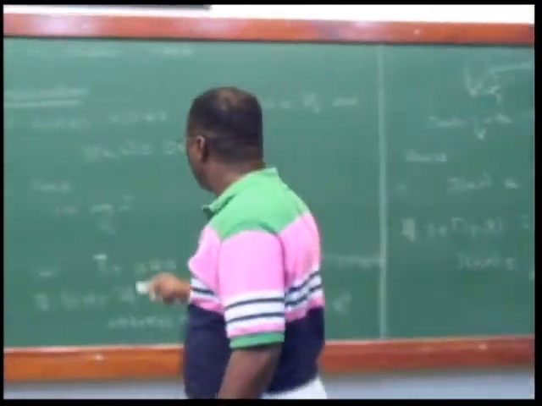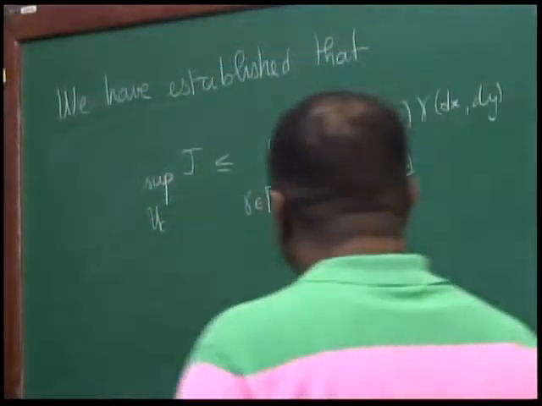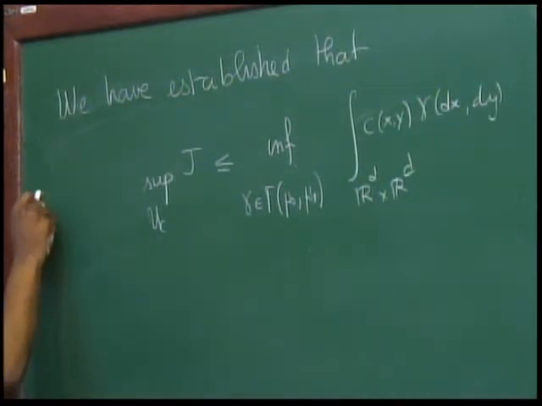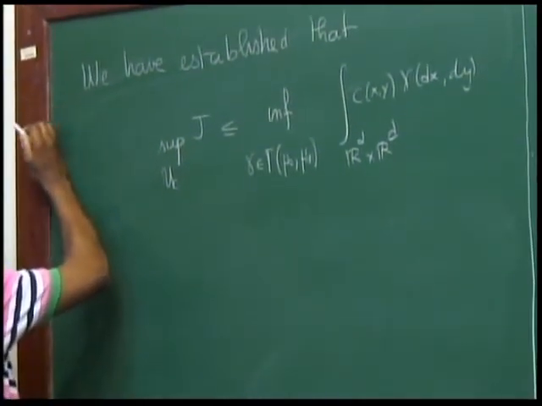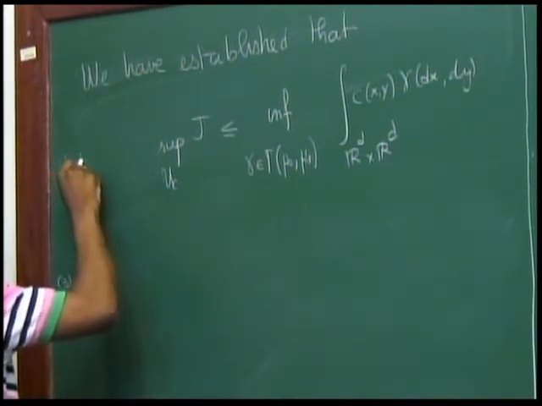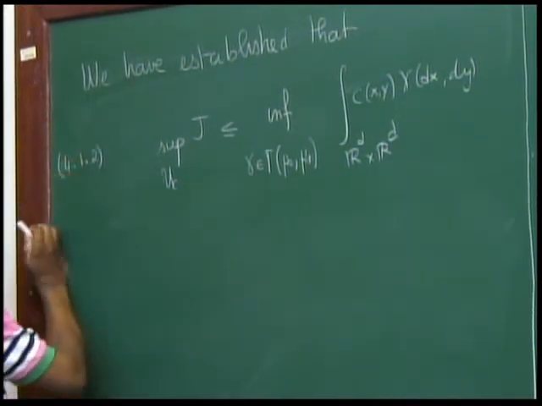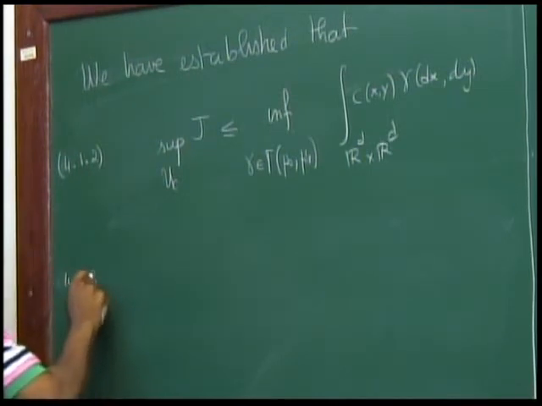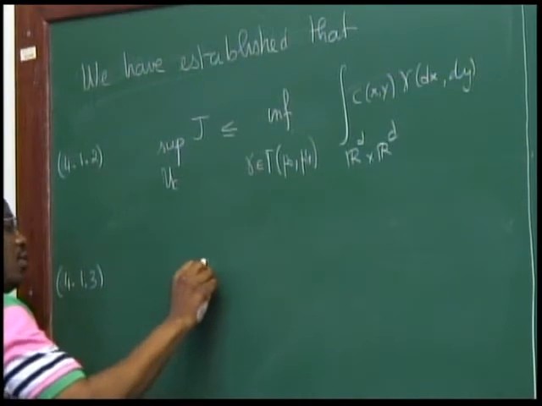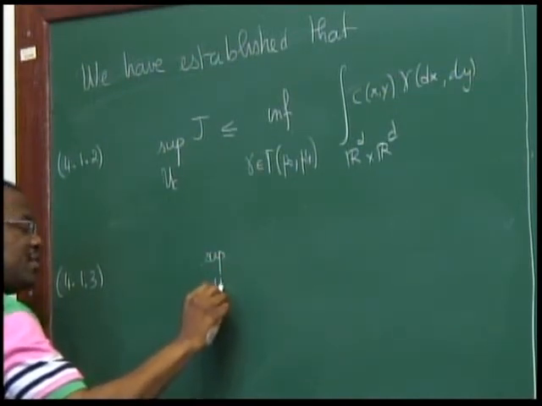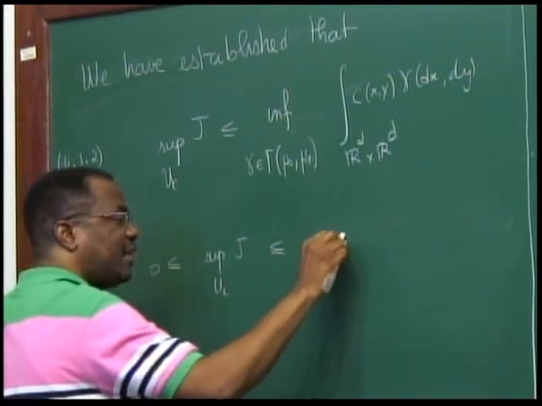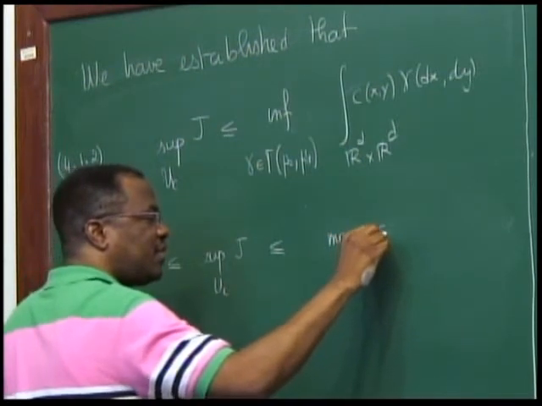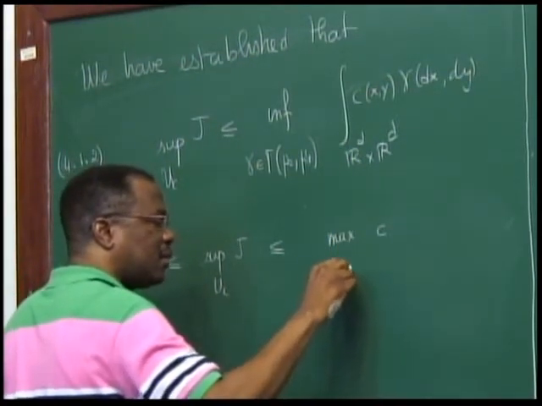And the second, what we have also established is, call this 2, call this 3. We have also established, let me call it 4.1.2, 4.1.3. We have also established that the supremum over UC of J is bigger than 0, but is less than the maximum of C over BR cross BR.